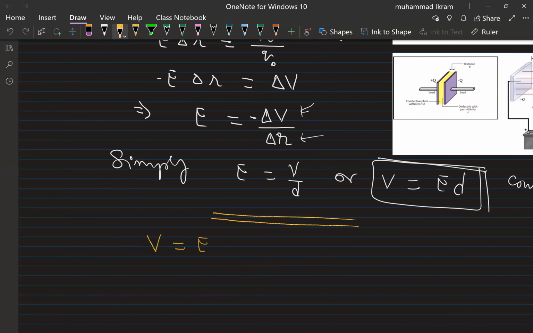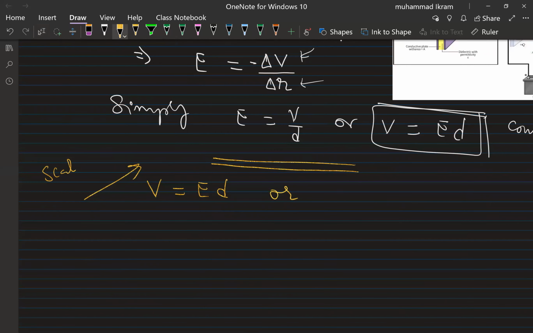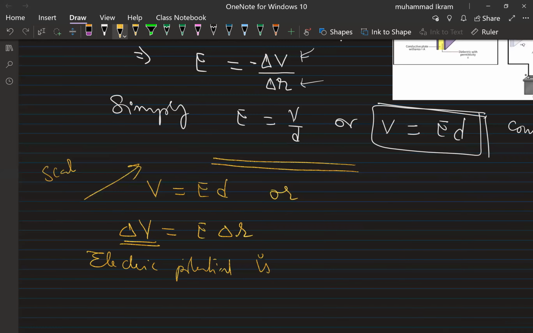V equals E into D, or in a totally scalar form. Why? Because electric potential is all scalar, right? Another interesting point which I want to explain to you: delta V, or the electric potential, is equal to E into delta R or delta D. That electric potential is in fact the dot product of electric field intensity and displacement.